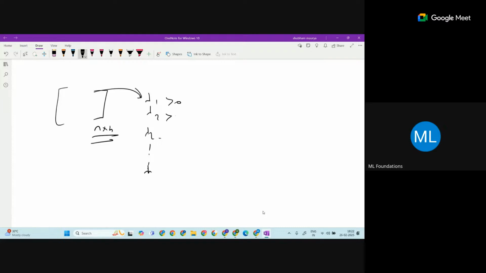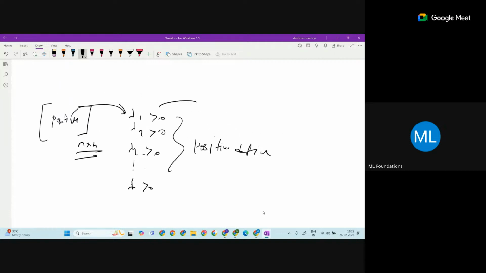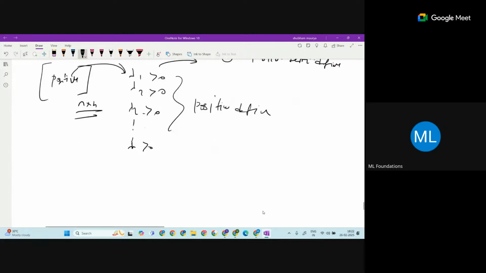If all are positive, then we call this matrix positive definite. If anyone is equal to 0, then it is positive semi-definite.